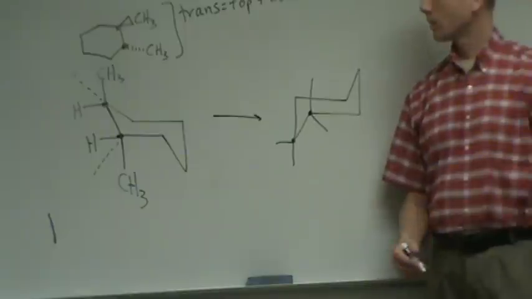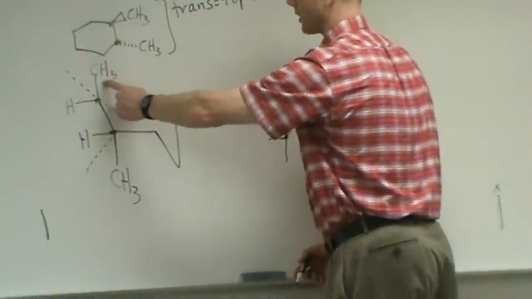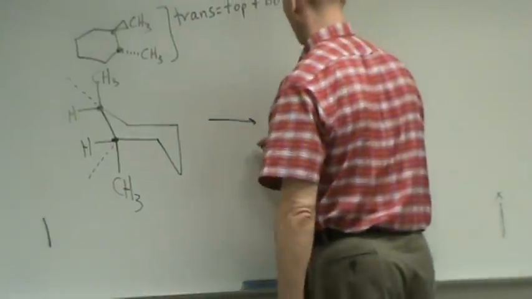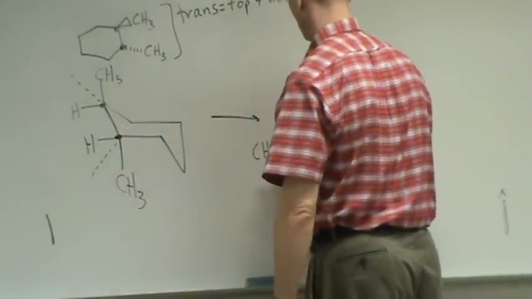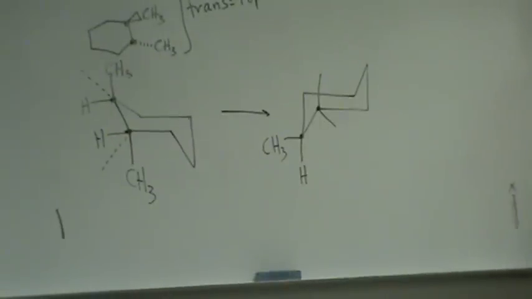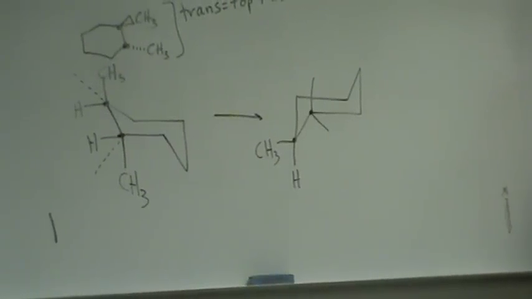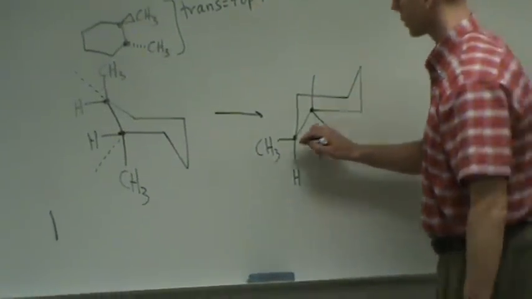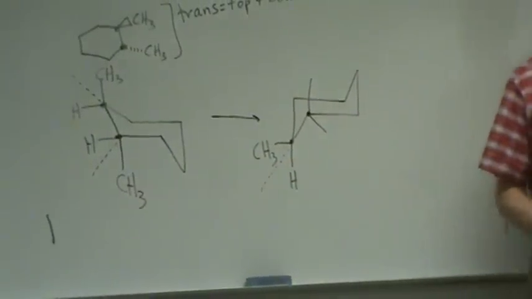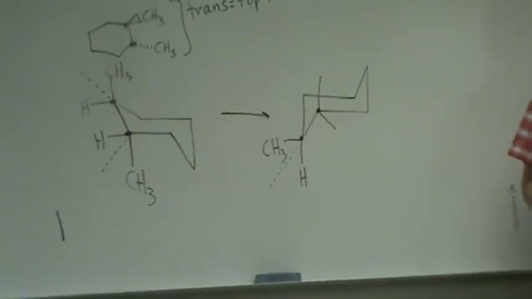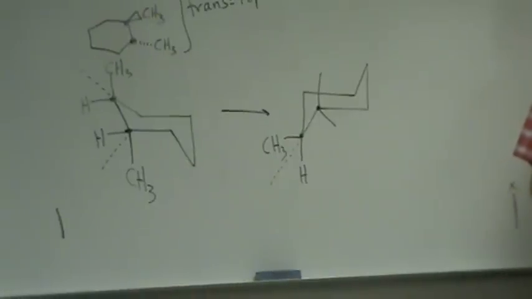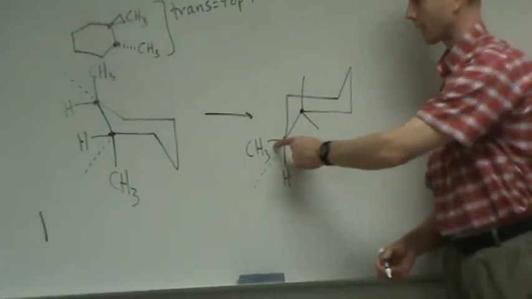So this CH3 was axial, so now it's on the equatorial bond, like that. And notice that it still stayed on the top side of that line. Okay? So don't switch it down here where you get 0 points. Keep it on the top side of the line.